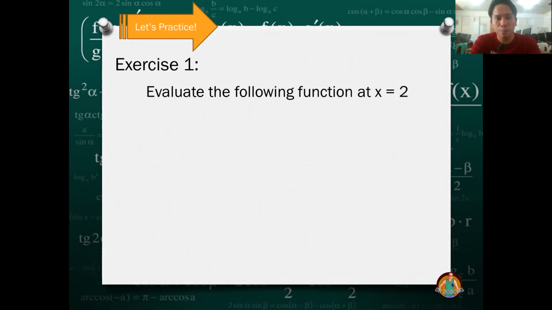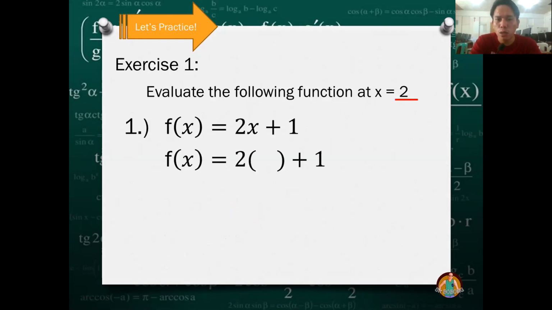Let's try naman. Exercise number 1. Evaluate the following function at x is equal to 2. F of x is equal to 2x plus 1, where our x is equal to 2. Answer this. Ano yung sagot mo? Okay, it's 2.